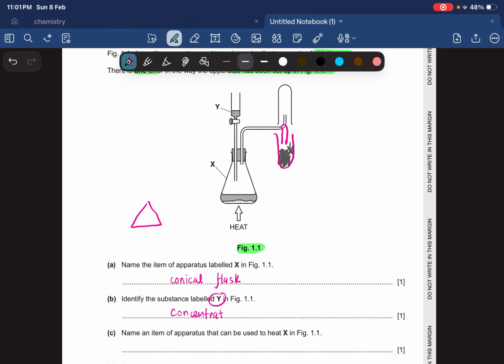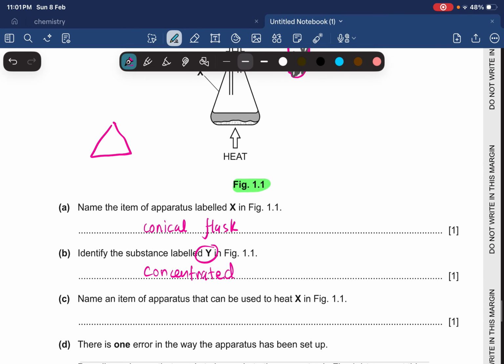You know what? I'm going to tell you guys one thing. The ATP paper is easy for those people who don't study theory, who don't study the MCQs. They're good with the ATP because ATP is a paper where you can lose marks you don't know and you can gain marks you don't know, right? Because there's no specific syllabus. It's just practical skills.